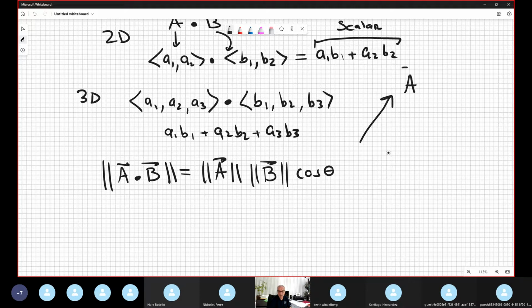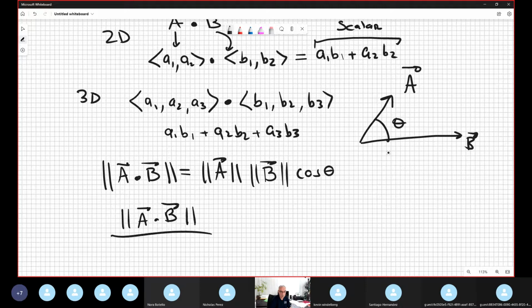Suppose that you have vector A and you have vector B, and this is theta, the angle in between both vectors. And this is a fantastic application. If you want to determine the angle in between two vectors, you apply that formula. You compute the dot product of the two vectors and divide it by the magnitude of the first vector times the magnitude of the second vector.